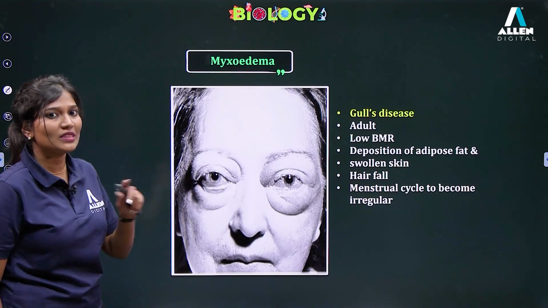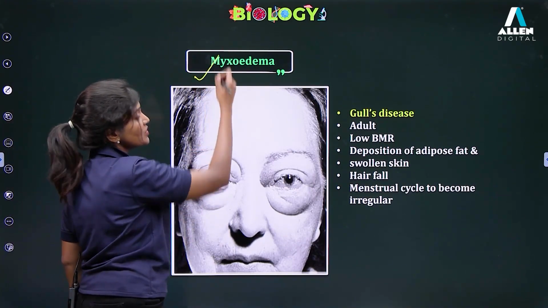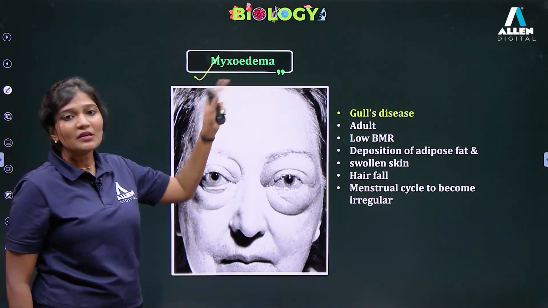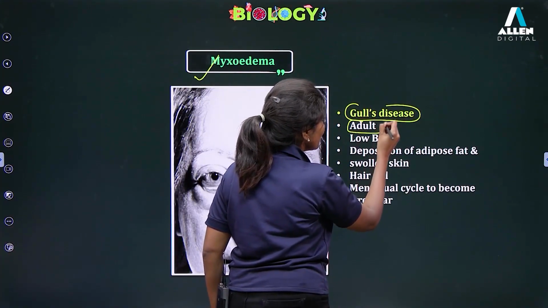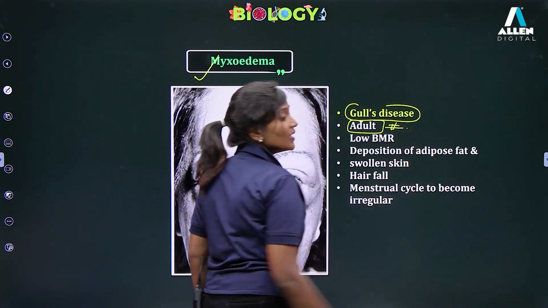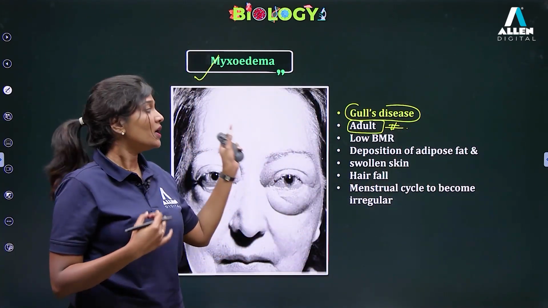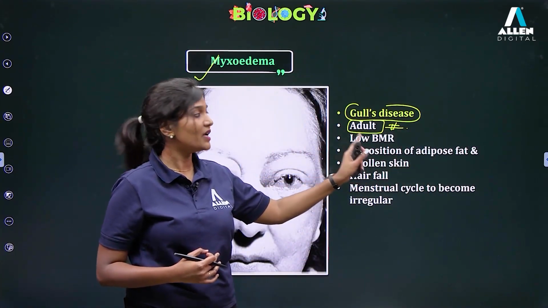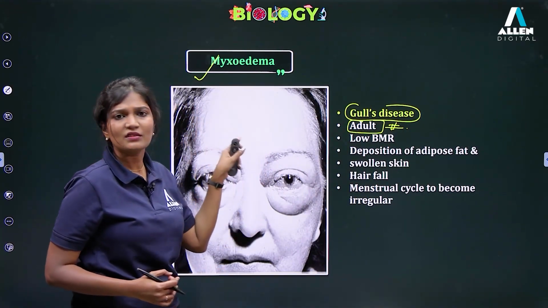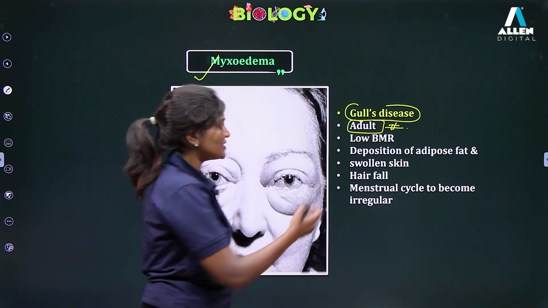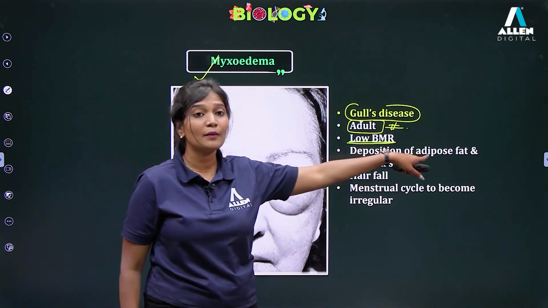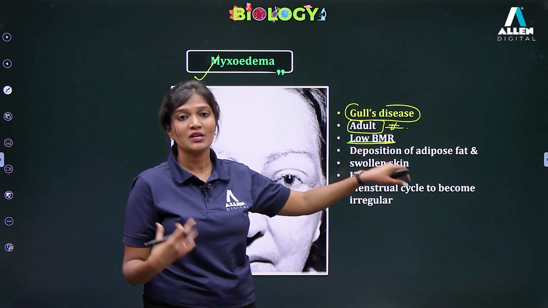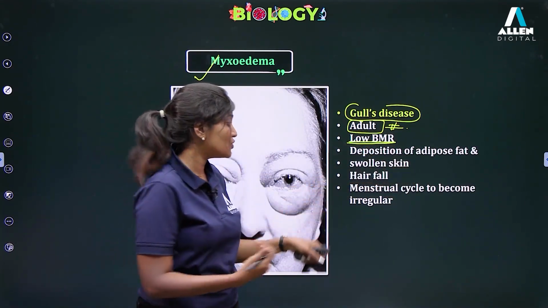Now we are moving on to the third hypothyroidism, which is myxedema. So edema means bulging. Understand this point. It is called Gull's disease. Star point: it occurs in the adult. Cretinism is in the young stage, whereas myxedema is in the adult stage. Same case, T3 and T4 are less, so BMR is less. So what will happen is there will be deposition of some adipose tissue, deposition of myxomatous tissue will take place.